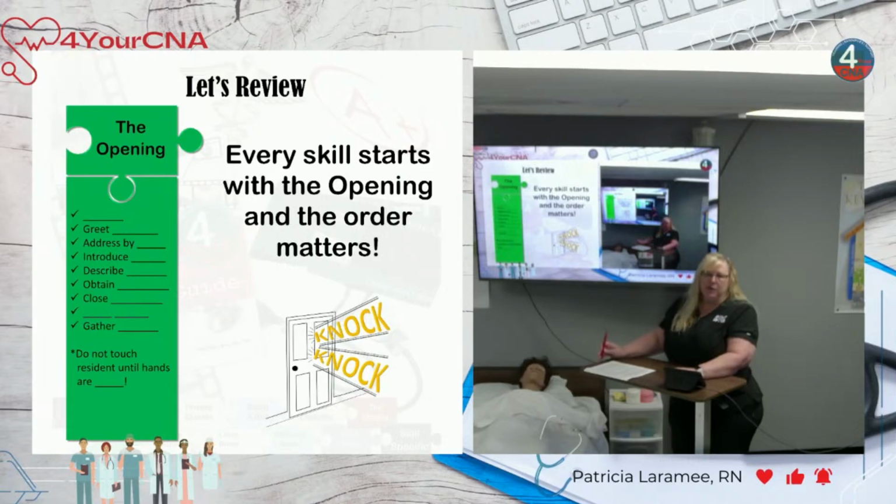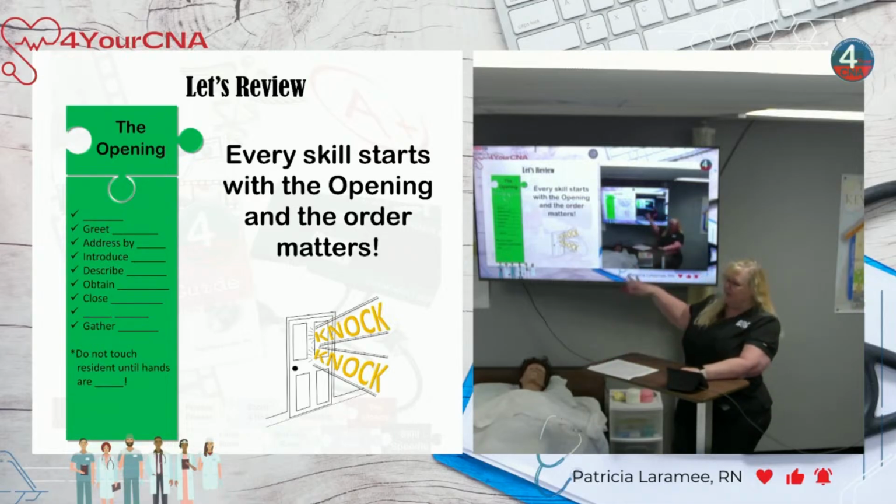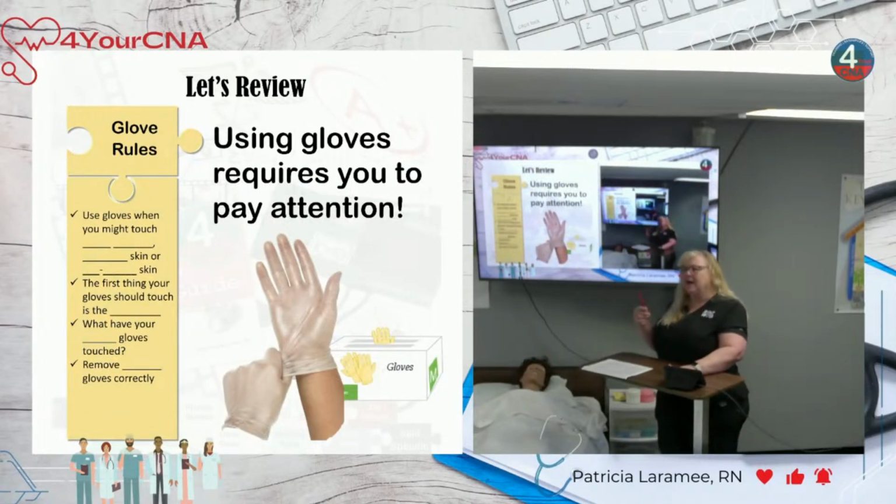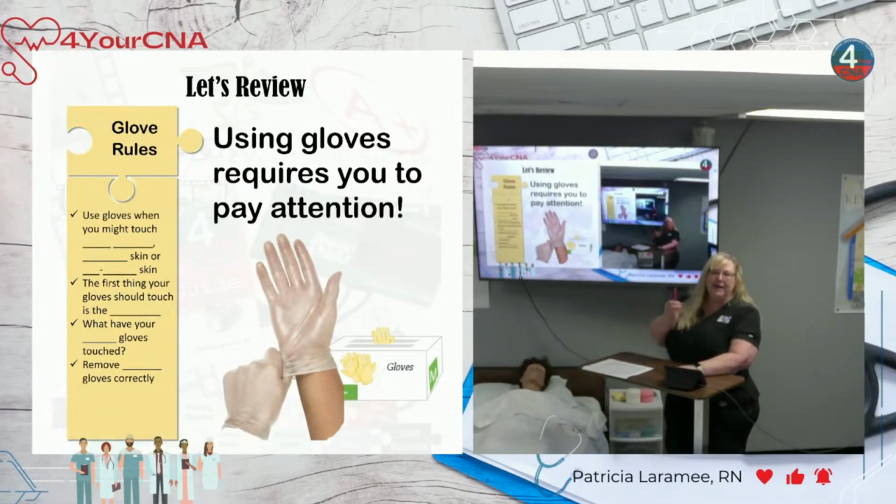Remember, you cannot touch the patient until you have clean hands. You also can't touch your supplies until you have clean hands. So now that we've gotten all of that done, and we're talking about supplies, we're going to evaluate if we need gloves.